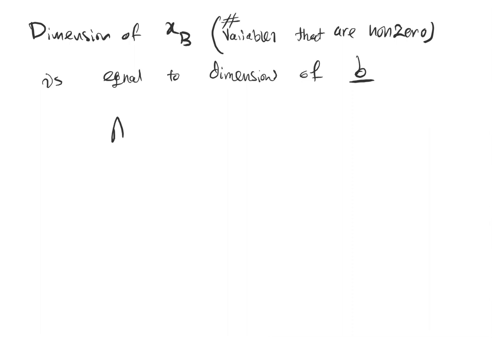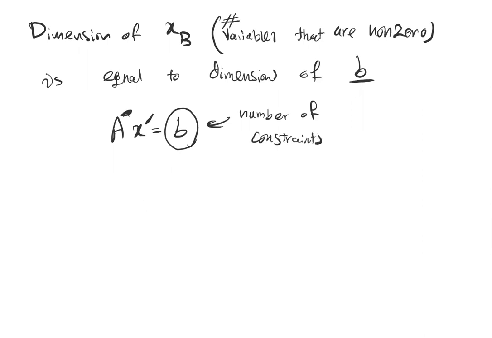What was vector b? We had A prime x prime is equal to b. So the dimension of b, or the number of constraints, represents the dimension of the base vector. So this is the first building block for the simplex algorithm.